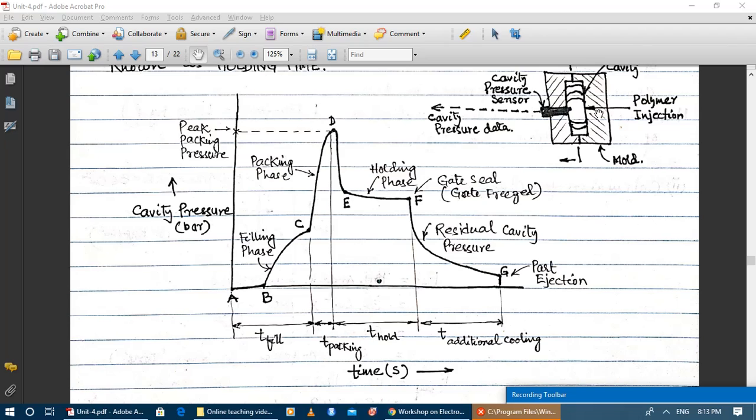It hasn't touched the tip of the sensor. And at point B, the molten polymer reaches and starts pressurizing the tip of the pressure sensor.